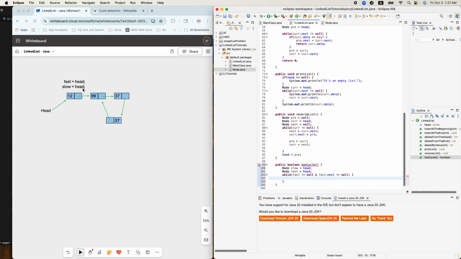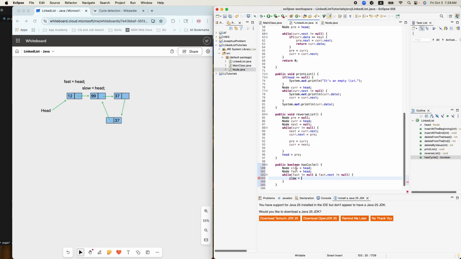So at each time, the slow only moves one node ahead. For example, at first the slow comes here, we say slow equals, it was here, now it points to the slow.next.